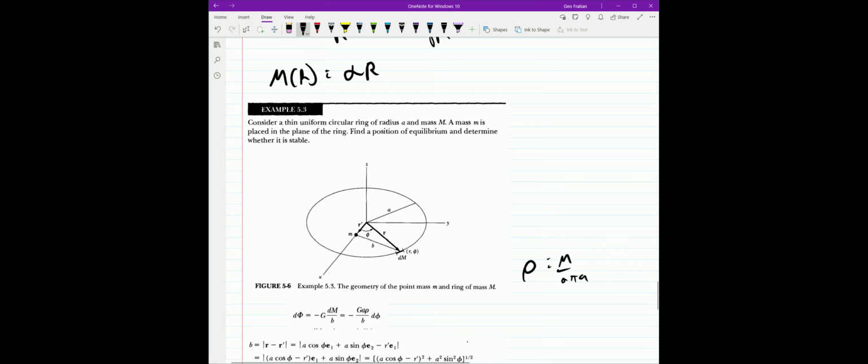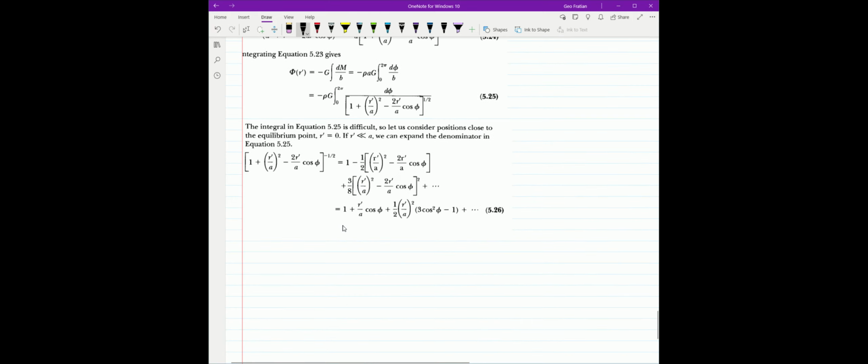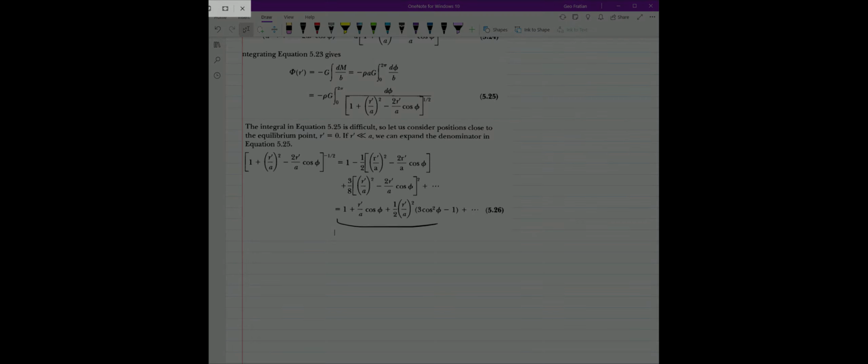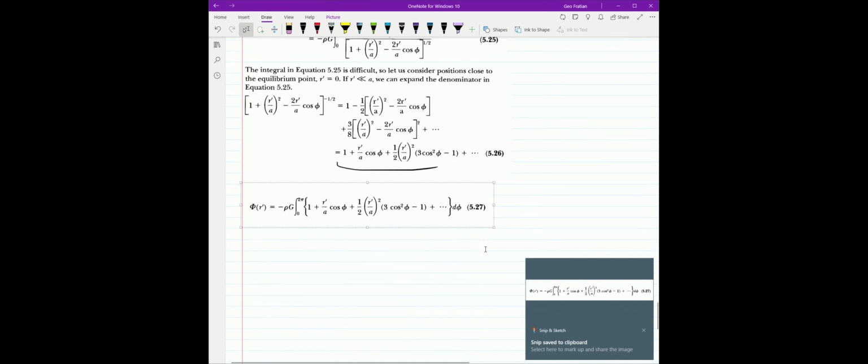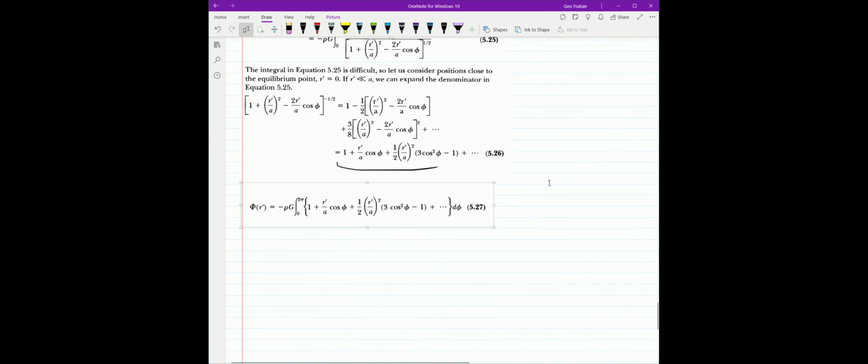And if we expand this under the Taylor expansion, we get equation 5.26, which tells us it's basically proportional to it. That's actually just the definition of Taylor expansion. So if we plug that into our integral, that just tells you what the Taylor expansion is.